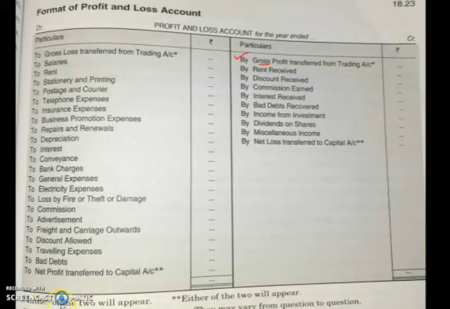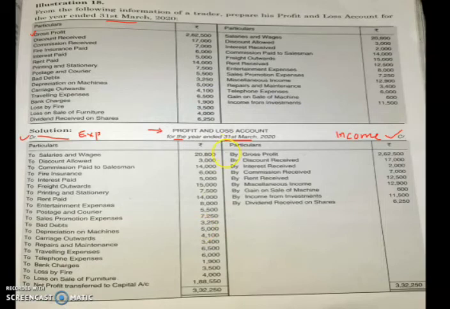So in this question also, you have to write this gross profit, 2,62,500, on the credit side. You have to do the problem along with me so you get a better understanding. By gross profit, write down 2,62,500 on the credit side. Okay.